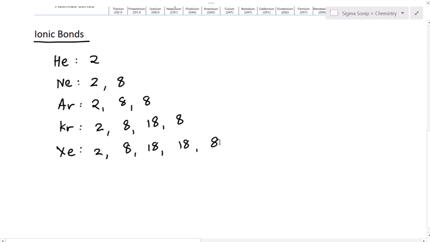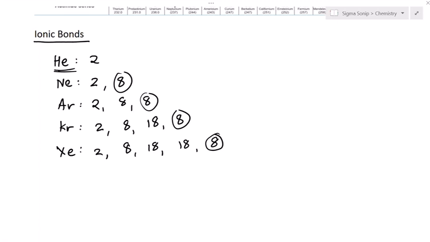So we note that in noble gases, the outermost shell has 8 electrons, other than helium, of course. Outermost shell is also known as the valence shell.